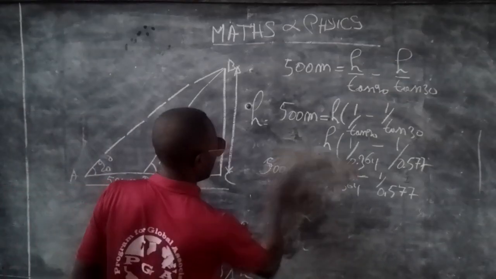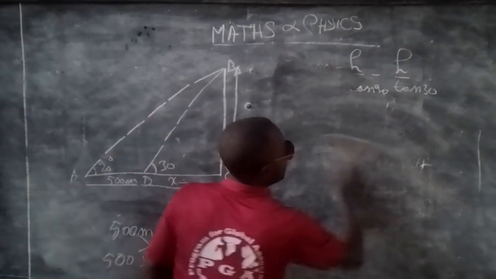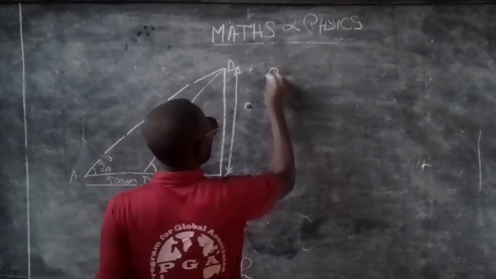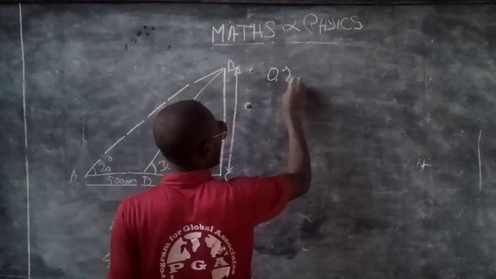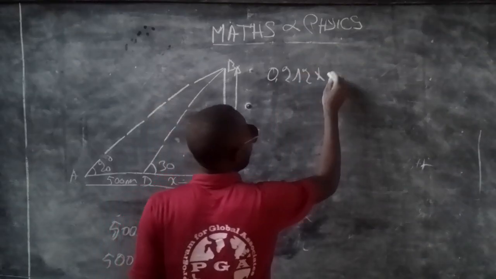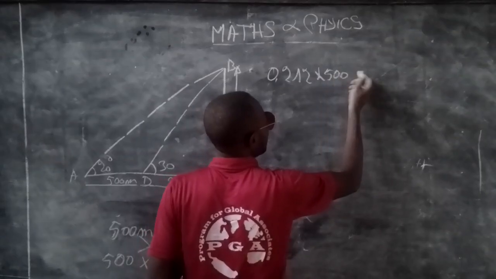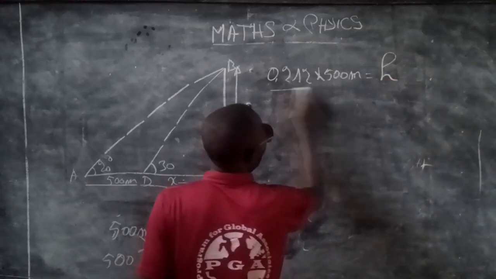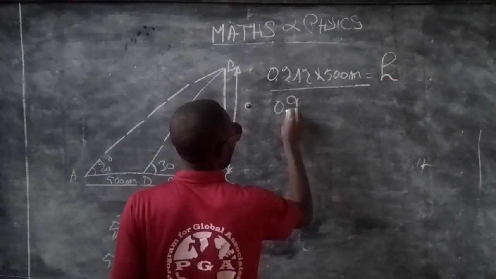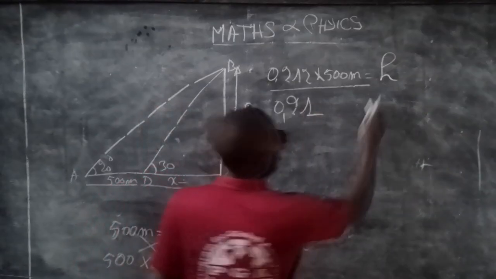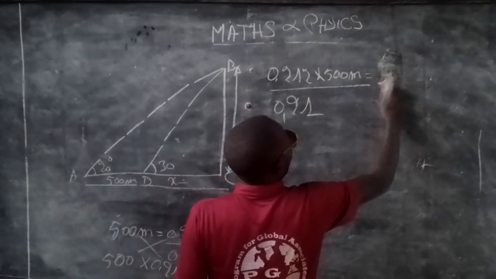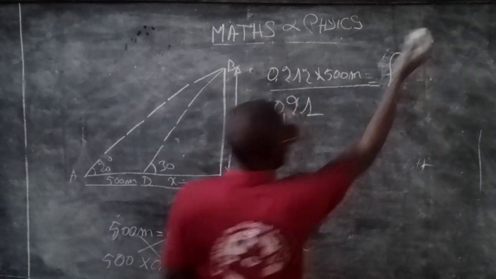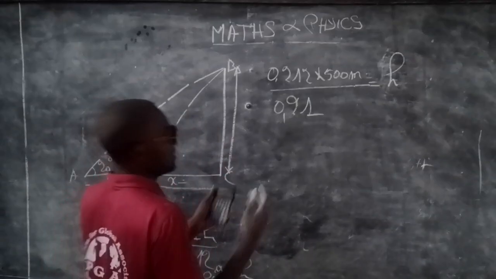Our h will be equal to 500 meters times 0.21 over 0.212. This is how our h must be determined.